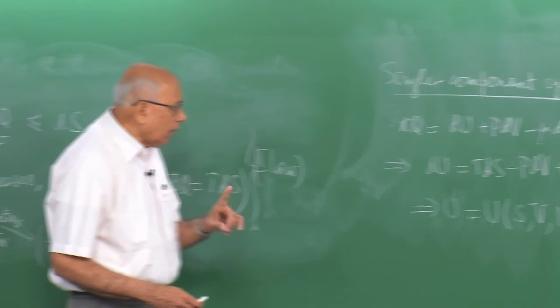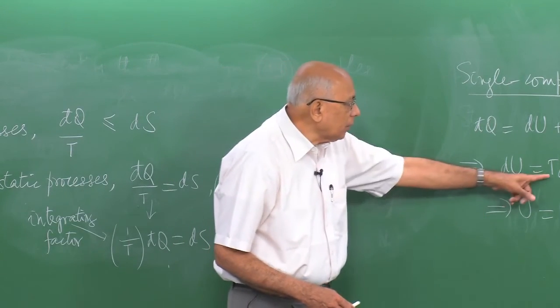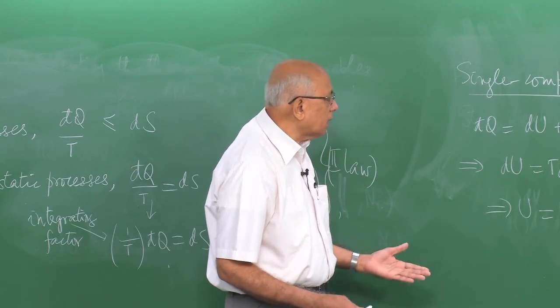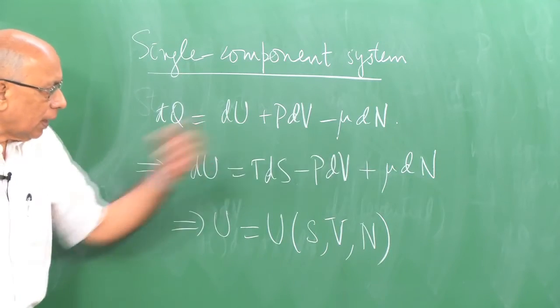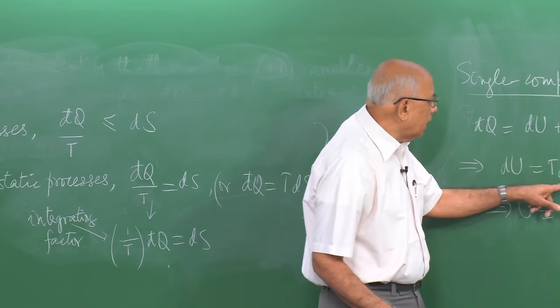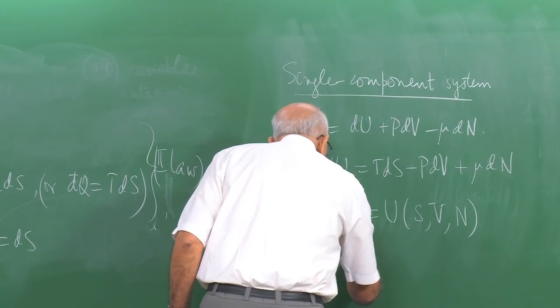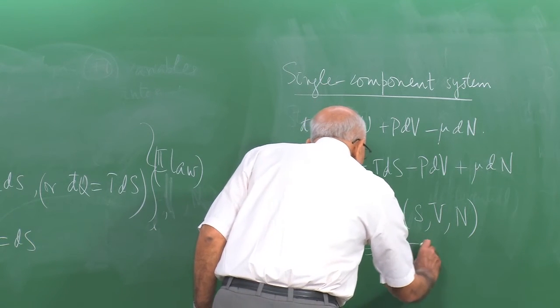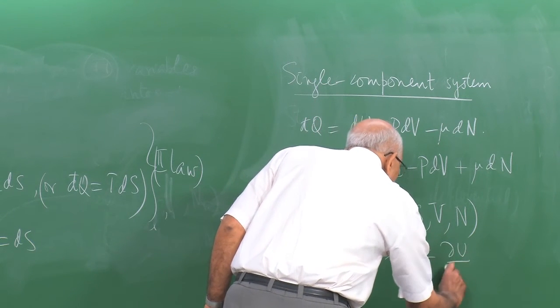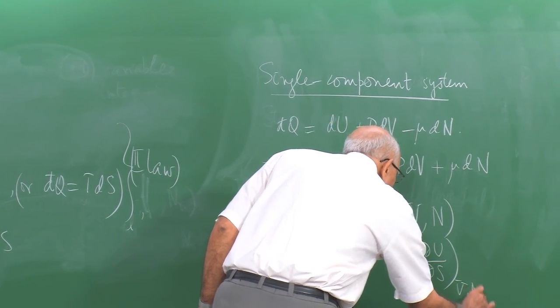Now just one quick remark about the zeroth law. The zeroth law helps you to define the temperature in terms of these quantities, because it says if U is a function of S, V and N and you keep V and N constant, it is clear that dU is then TdS. So this implies that T is the rate of change of the internal energy with respect to the entropy, given that the other two are kept constant.